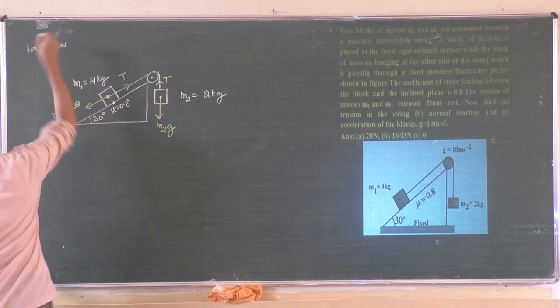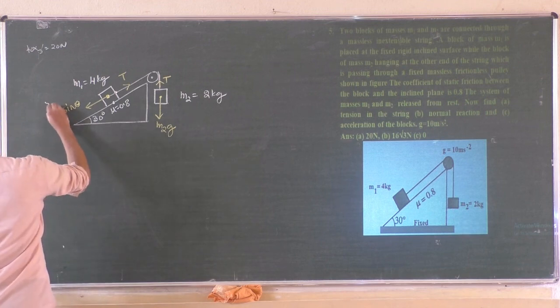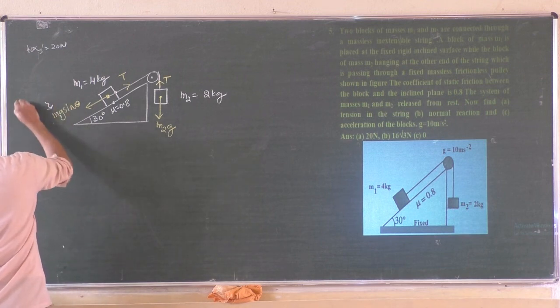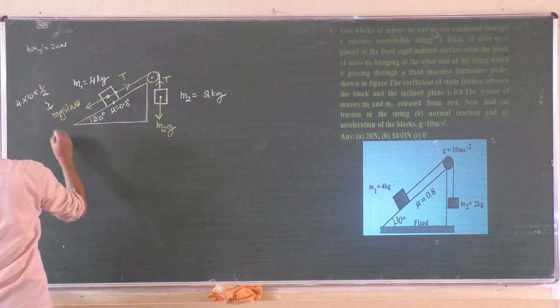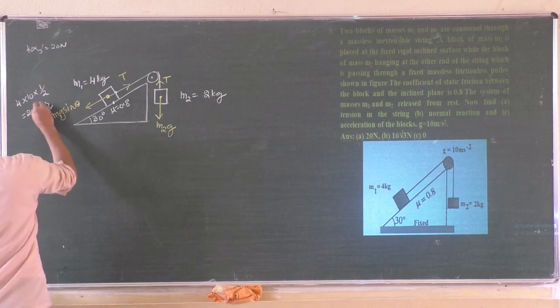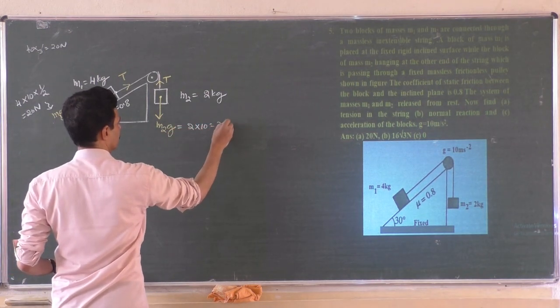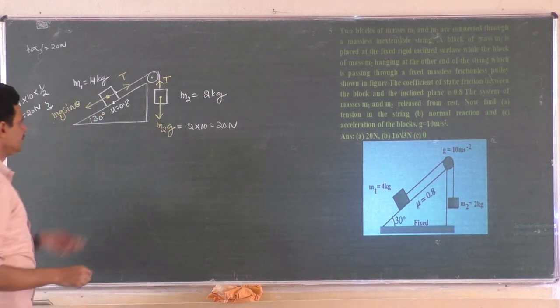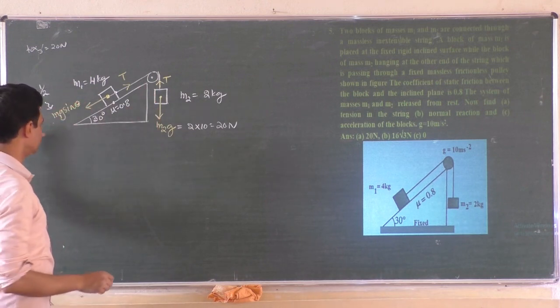Oh, this is very interesting. We will calculate this. m1 is 4, g sin theta, half, sin 30. So this is 20 newton. What about this one? m2 g, 2 into 10, 20 newton. Both are equal. This 20 newton is trying to pull it down, and this 20 newton is trying to pull it up.